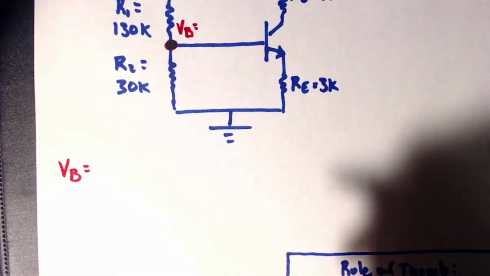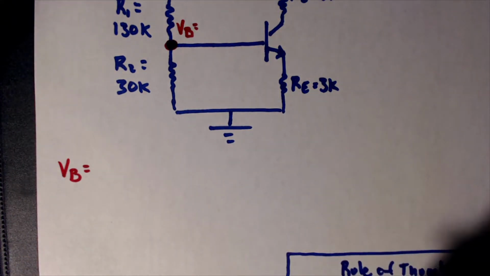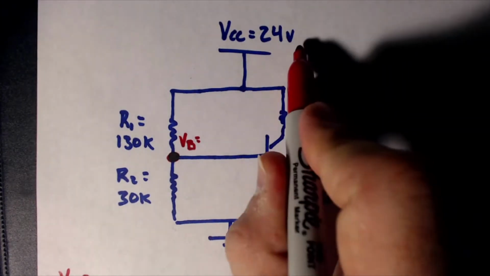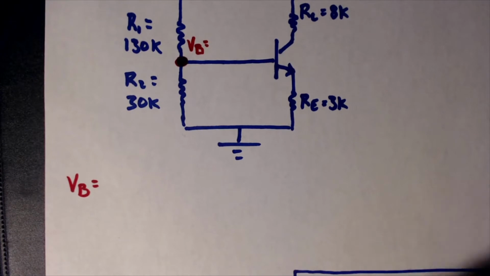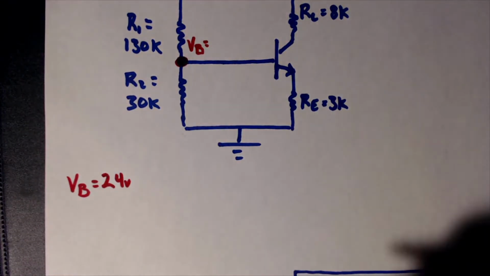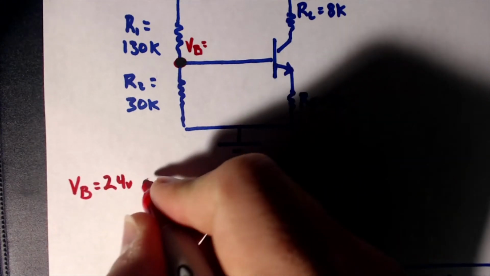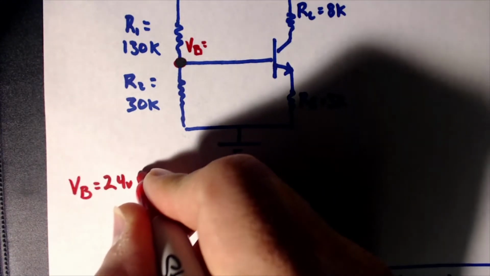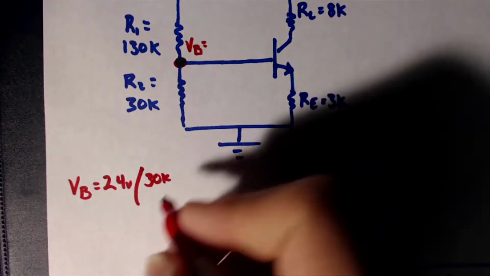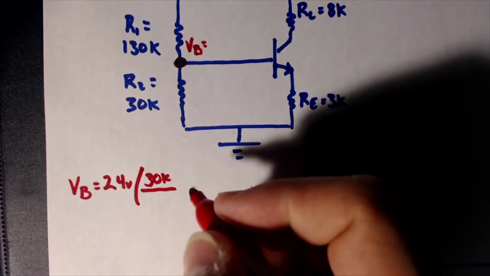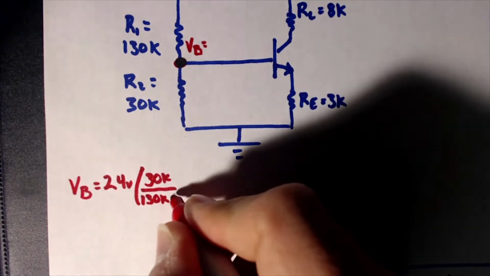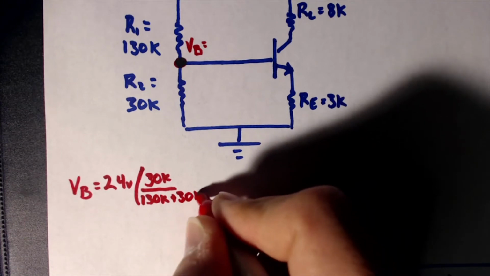So VB is equal to the voltage on the input to the voltage divider, 24 volts, times R2, which is 30K, divided by R1 plus R2, which is 130K plus 30K.